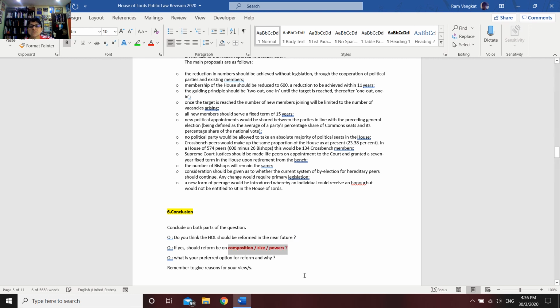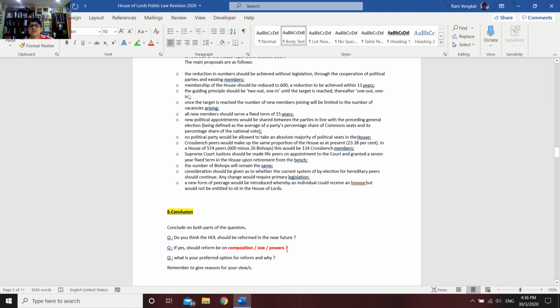In terms of powers, my personal view is that the powers of the House of Lords should be maintained, because of their invaluable function, which we spoke about just now, in terms of a revision chamber, a scrutiny mechanism, to act as a checks and balance, as the Constitution guardian. These are all things that should be maintained.